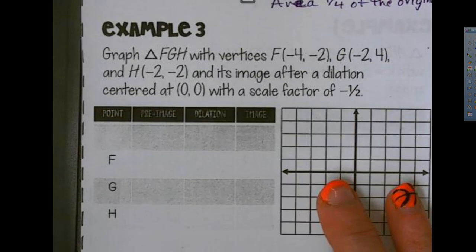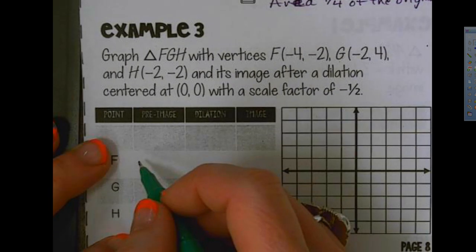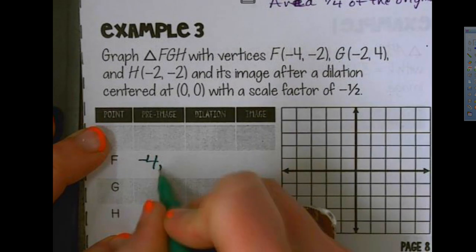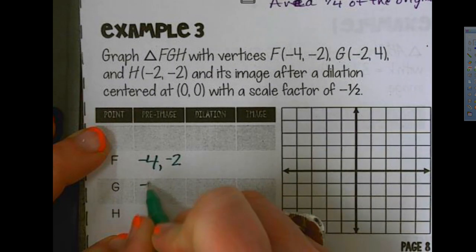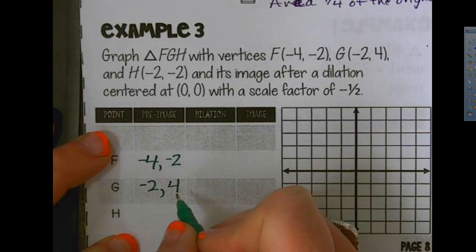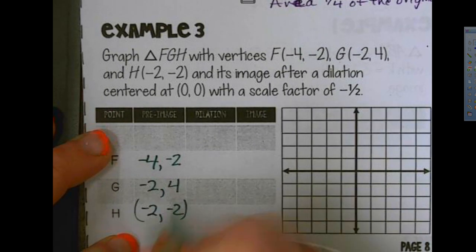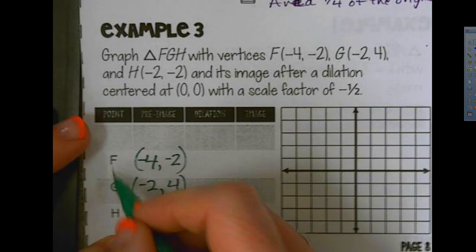Okay, last example here. Another triangle. I think we have different dimensions here. Let's go F, -4, -2, -2, 4, and -2, -2. Okay, when I plot these again, I just use the capital letter.